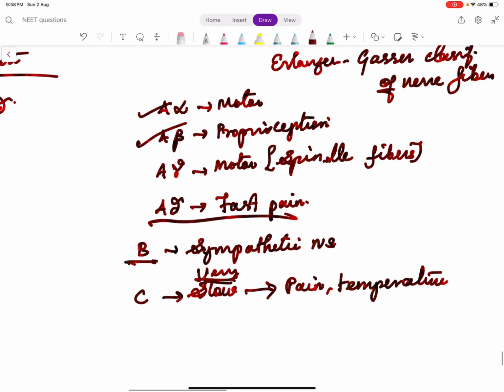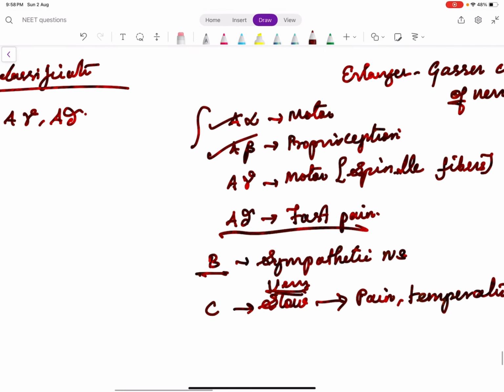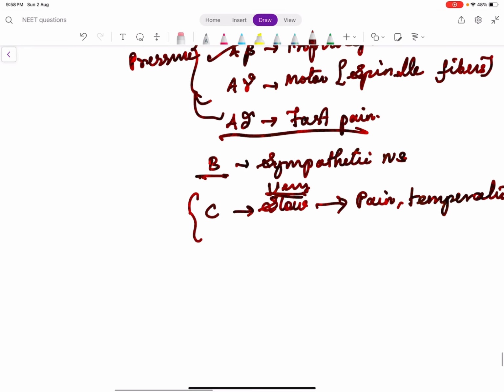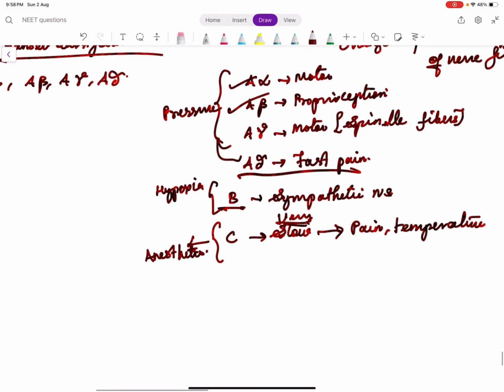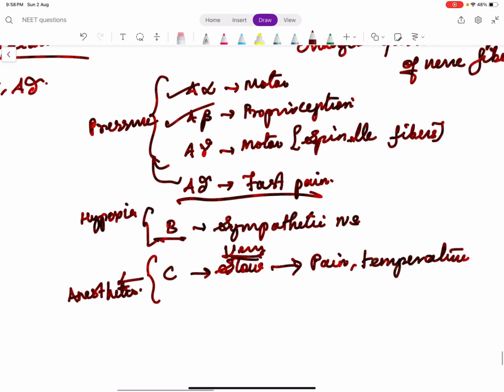These fibers are sensitive to different things. For example, A fibers are more affected by pressure. C fibers are most affected by anesthetic drugs. Okay. B fibers are mostly affected by metabolism, nutrition, and hypoxia. This is very, very important because large fibers, when given pressure, easily get damaged.